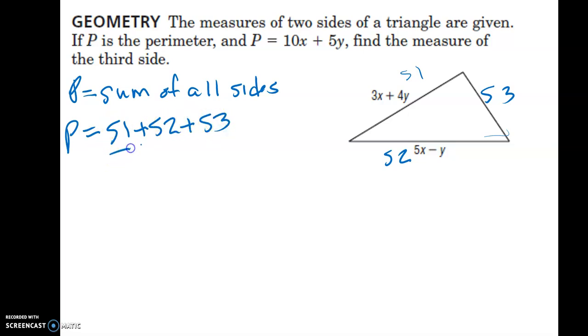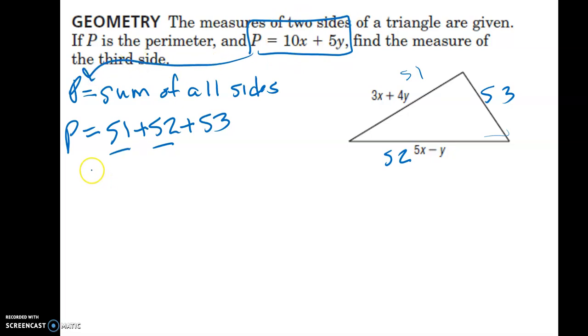Well, I know side 1 and side 2, I just don't know side 3. They tell us that P is actually equal to 10x plus 5y. That P is the sum of all three sides. So this guy right here belongs in the P.